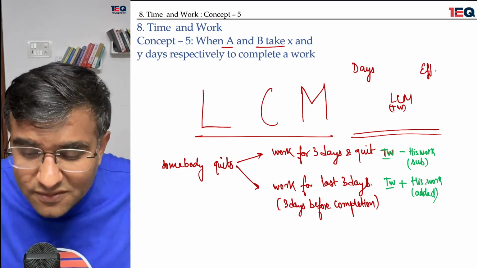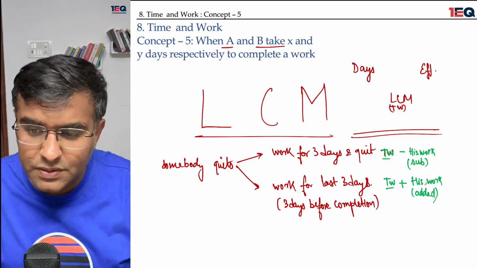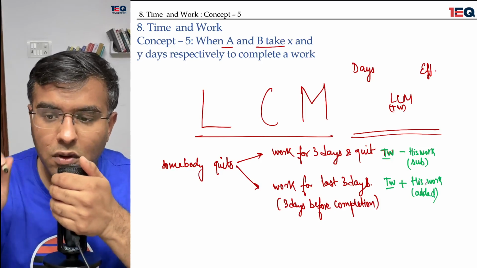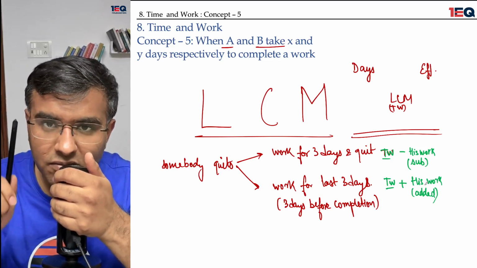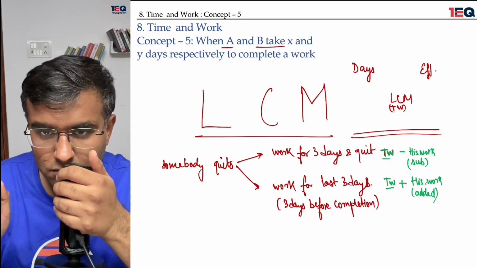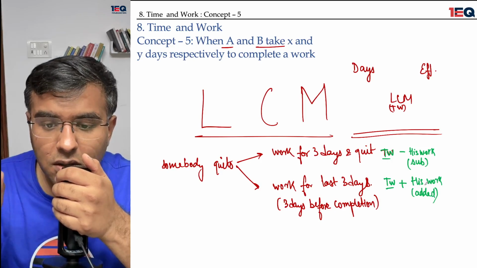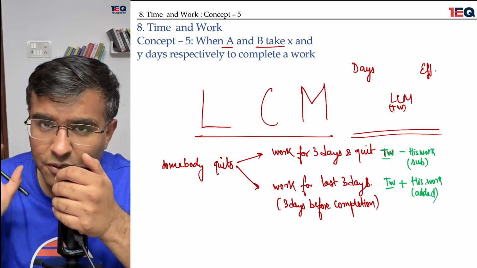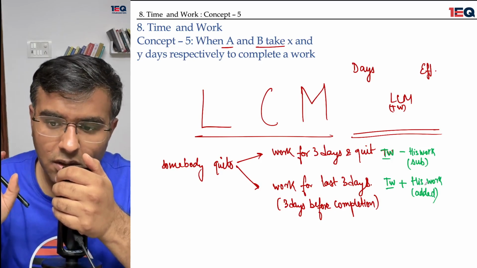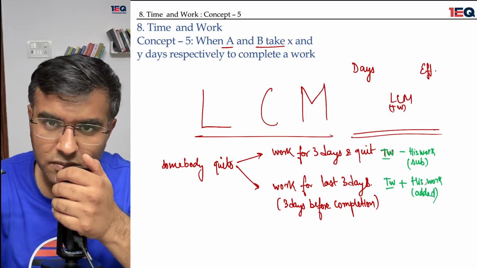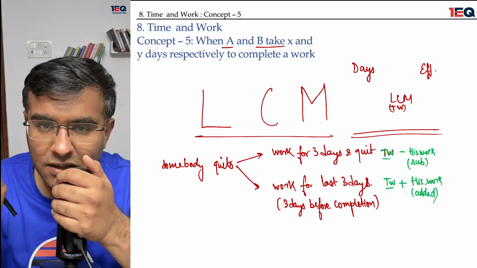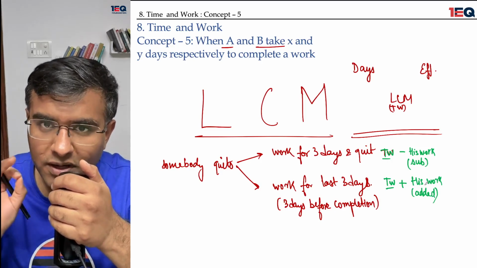In the most simple ways, what you have to do is you have to subtract the work when somebody works and quits. But if somebody quits after working or just before completion or in the end, at that time you have to add his work.